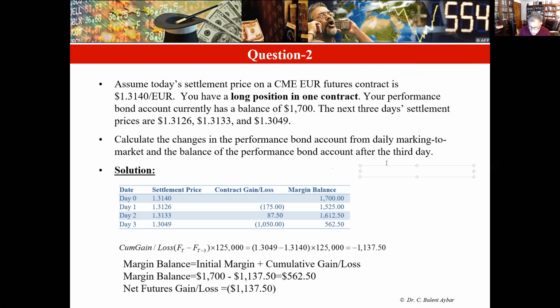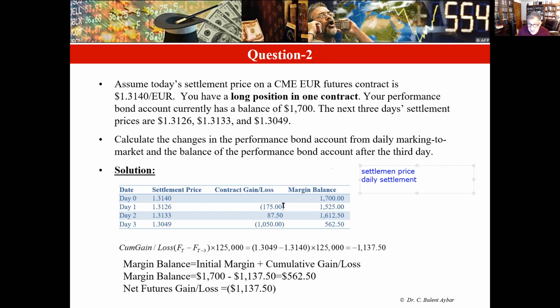This question covered the concept of settlement price and daily settlement. So in each of these cases, we had a daily settlement, which created these daily cash inflows or outflows.